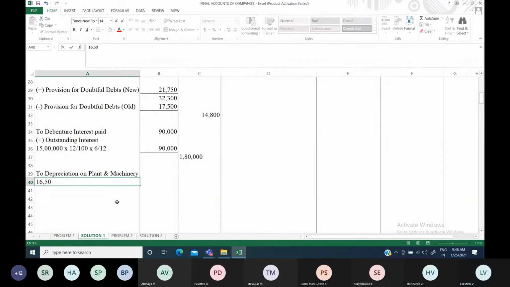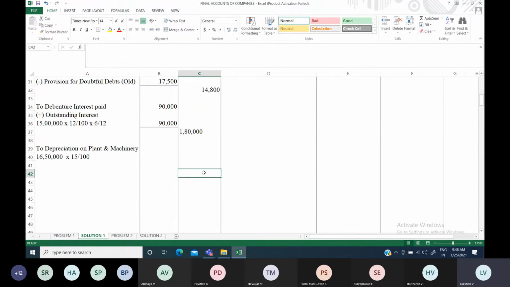16,50,000 into 15 by 100. Just find out what amount you are getting for depreciation and put that amount in the final column. If you have some other items like furniture, fittings or fixtures, and depreciation is given, you will list down each and every item and each amount, add them all together and find the total amount.